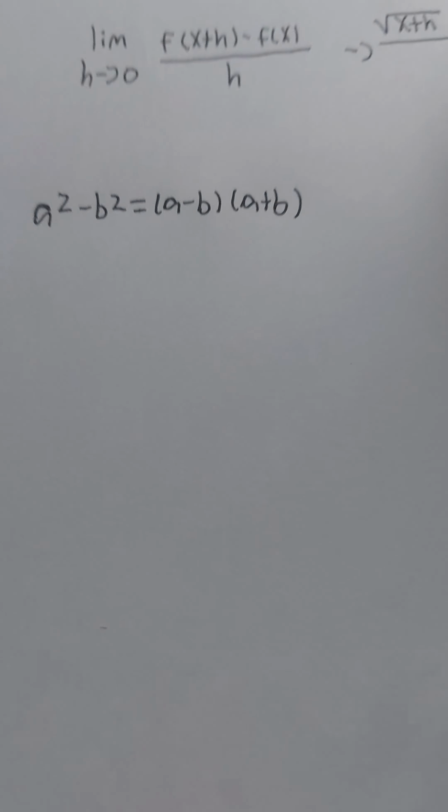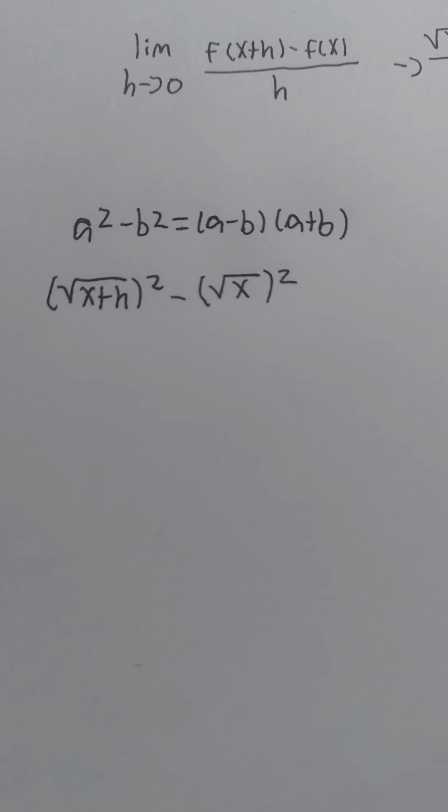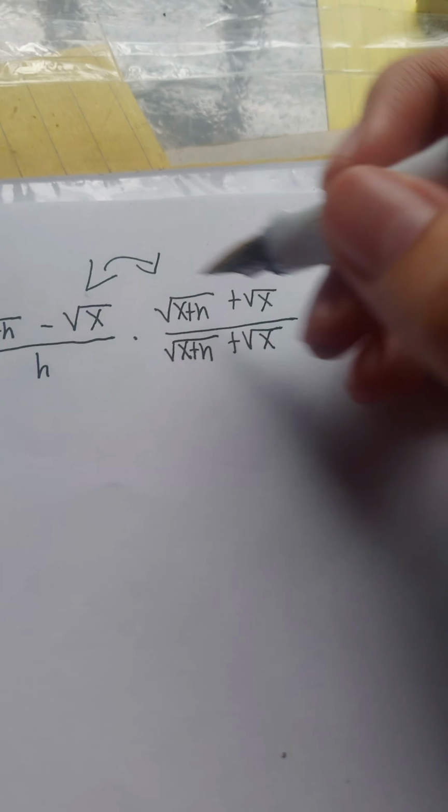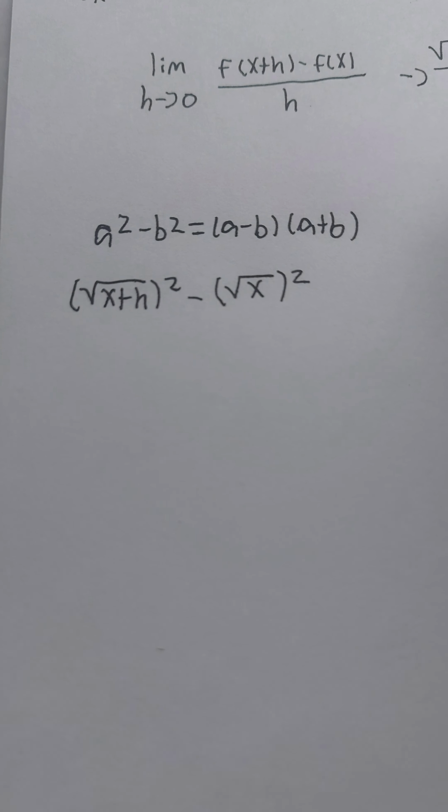So if that is the case, then this is the square root of x plus h, squared, minus the square root of x, squared. The multiplication of this satisfies the formula for the difference of squares, so let's apply that.